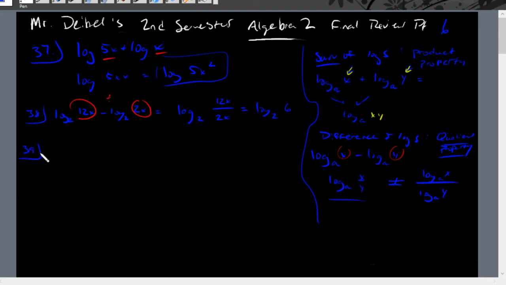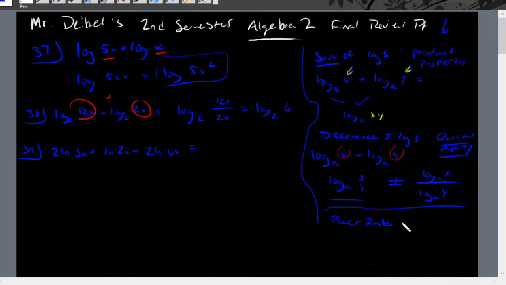Number 39. Wow, this is a pain. 2 times the natural log of 3x plus the natural log of 2x minus 2 times the natural log of 6x. This brings us to our third property, which is the power rule. Right?